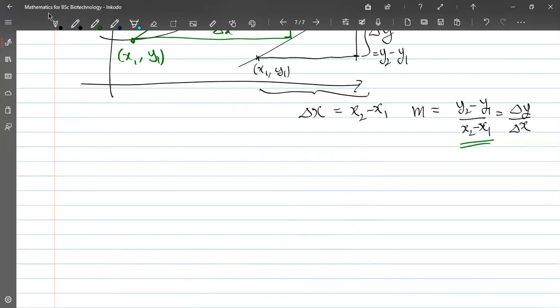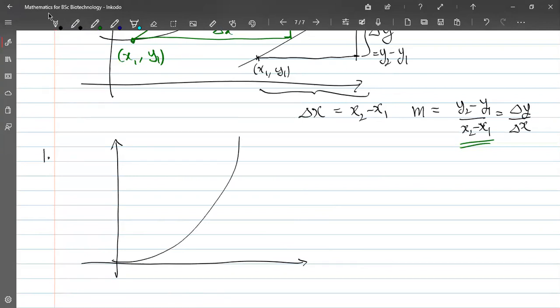So we'll take an example first. That is y is equal to x square. Maybe the simplest example where the slope is not constant.